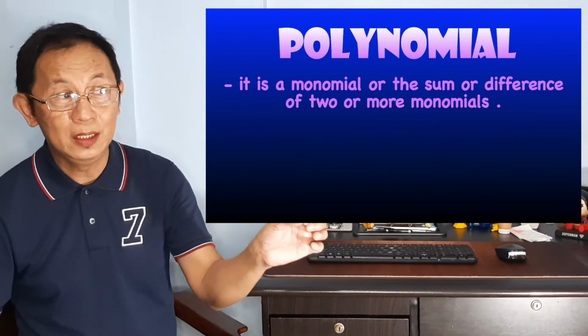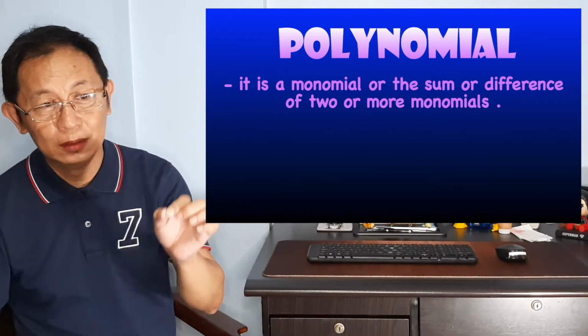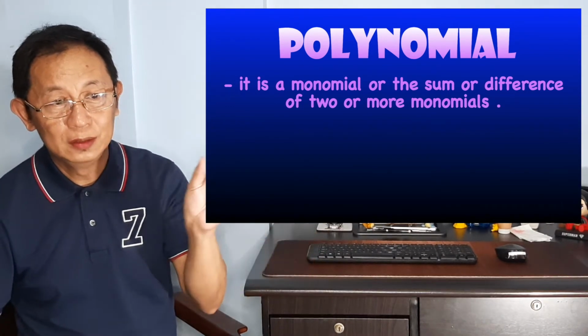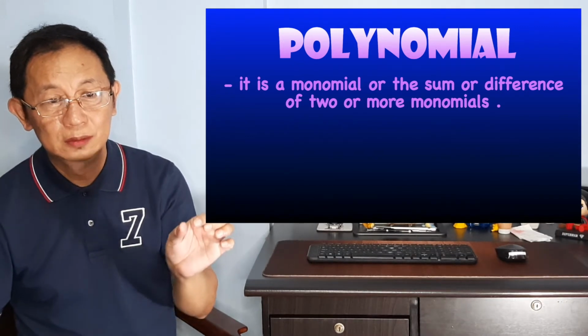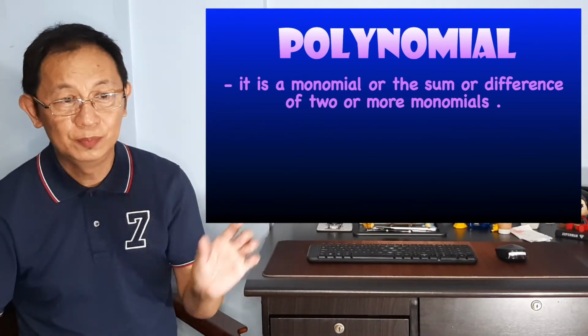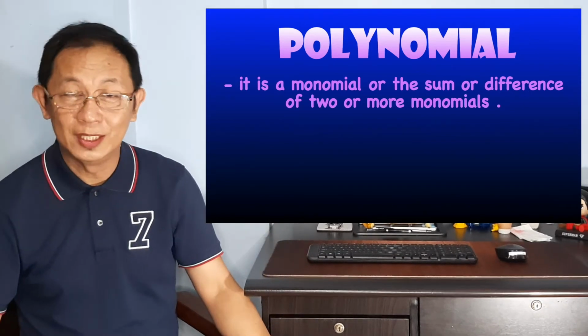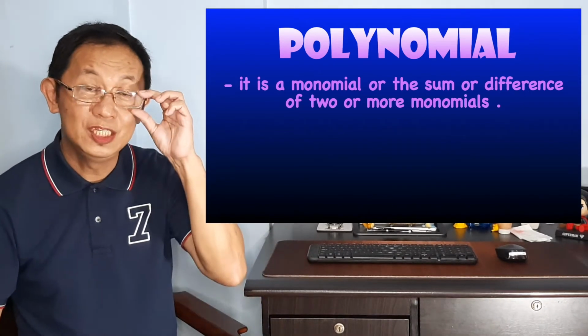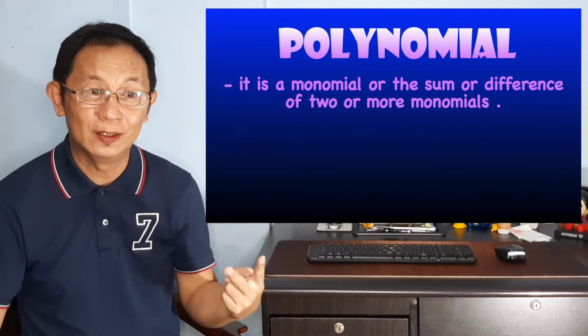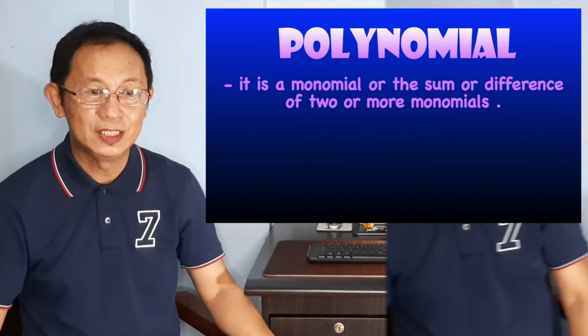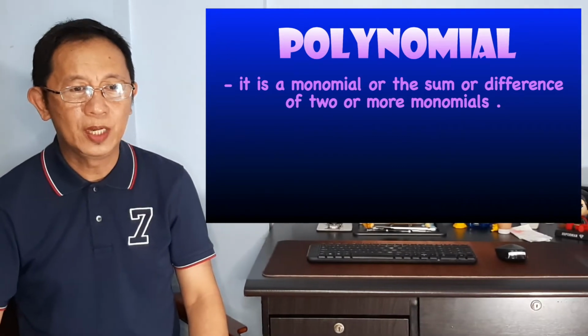For example, A plus B. So, A is a monomial, B is a monomial, sum sila. So, therefore, A plus B is a polynomial. Pero hindi siya monomial kasi two terms siya eh. So, polynomial siya.